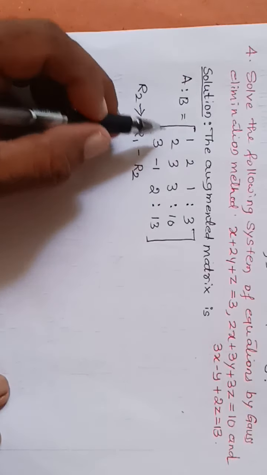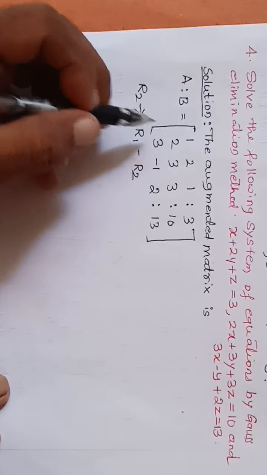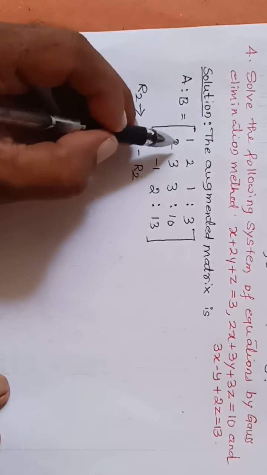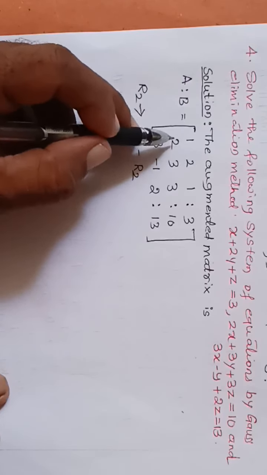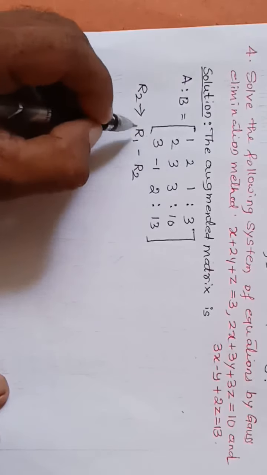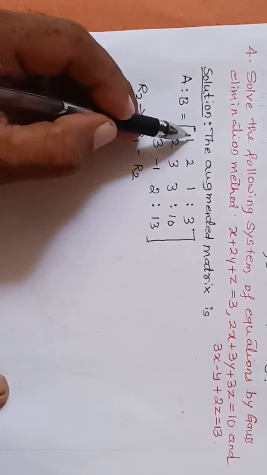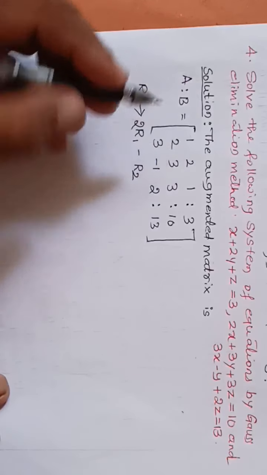R1 minus 2 gives 1 minus 2, which is minus 1, but we require 0. So we make 2R1: 2 into 1 is 2, and 2 minus 2 is 0 now.